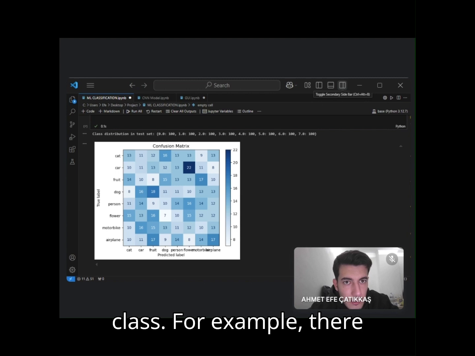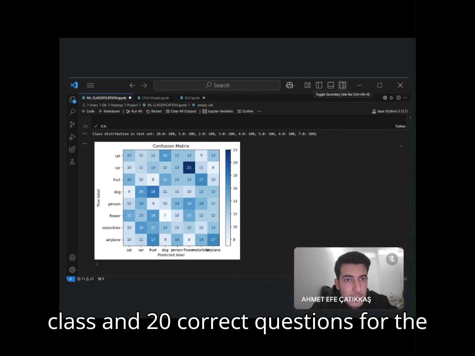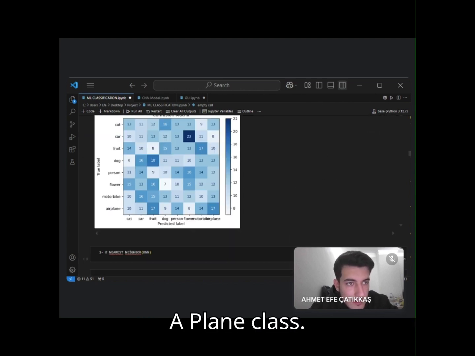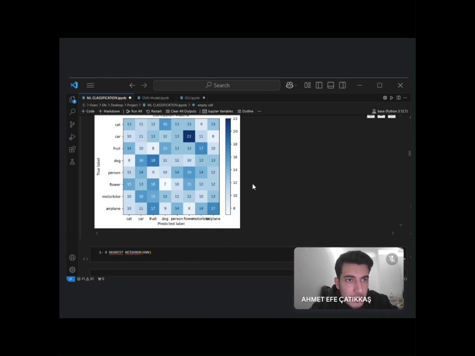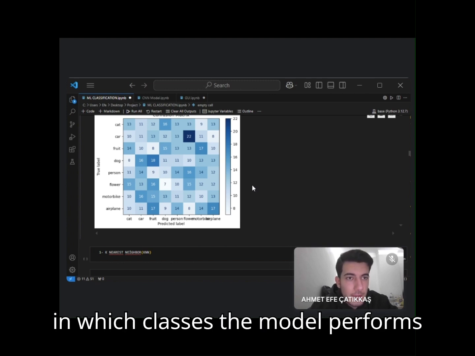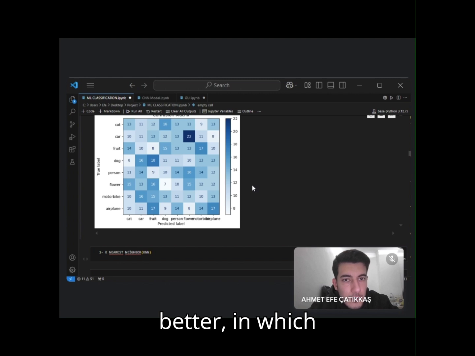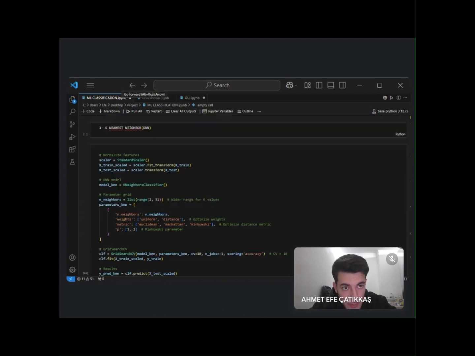For example, there were 13 correct guesses for the cat class and 20 correct guesses for the airplane class. Dark colors indicate more predictions. This analysis allows us to understand in which classes the model performs better and in which classes it makes mistakes.